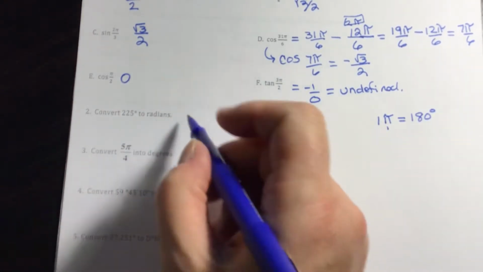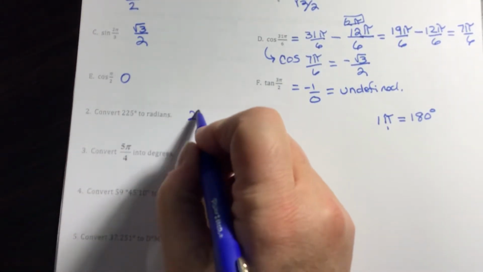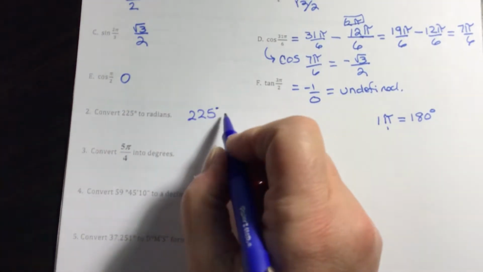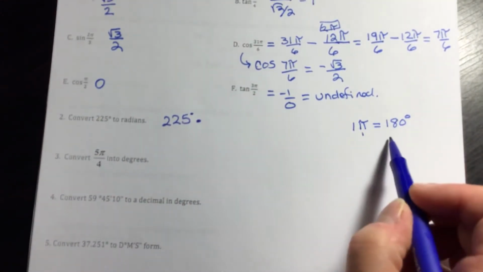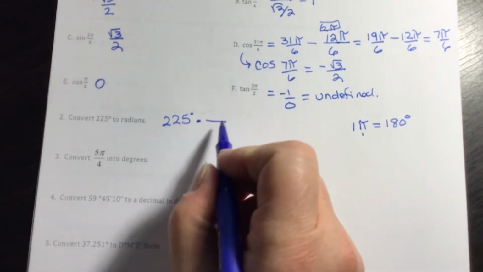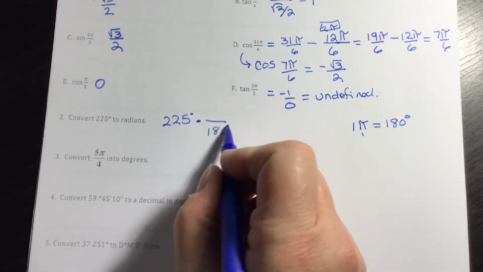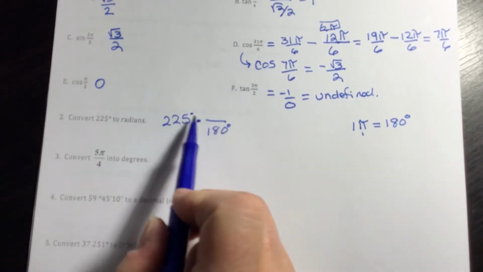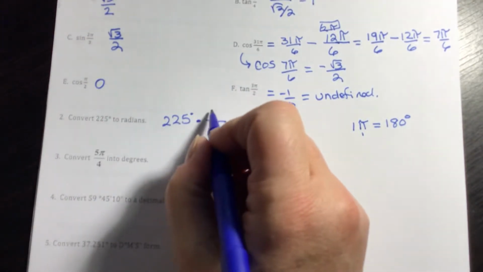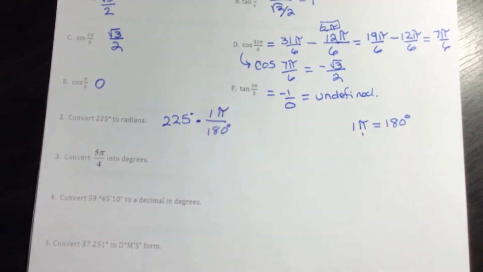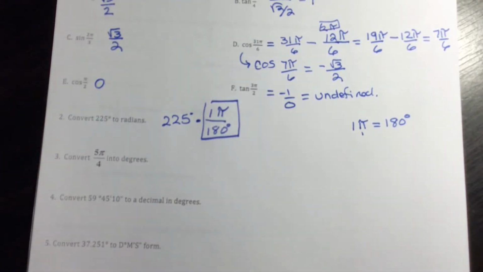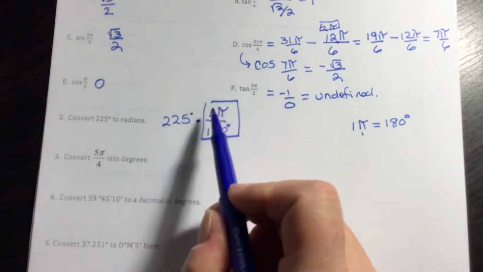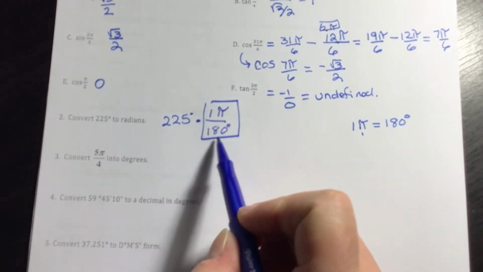So if I start off with 225 degrees and I multiply this as a ratio, so I'm going to multiply by 180 degrees, and my degrees have to go across from each other, is the same as 1 pi. So this value right here is just 1 whole. Okay, a value divided by an equal value is just 1.